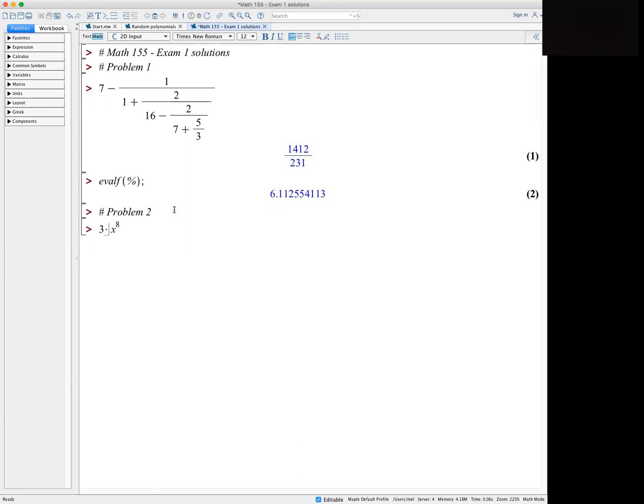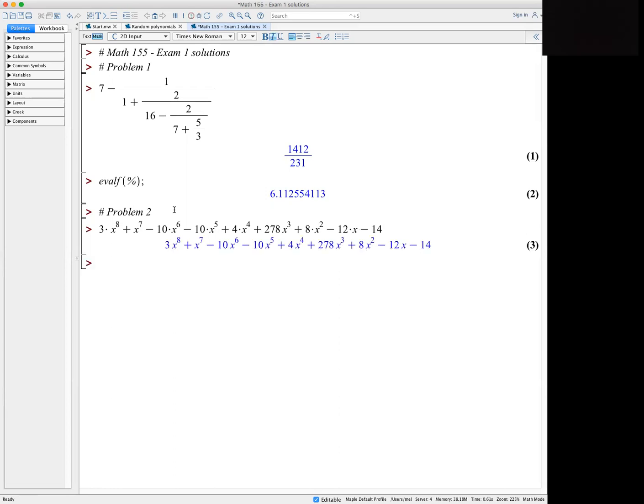3 times x to the 8th plus x to the 7th minus 10 times x to the 6th minus 10 times x to the 5th plus 4 times x to the 4th plus 27 times x cubed plus 8 times x squared minus 12 times x minus 14.